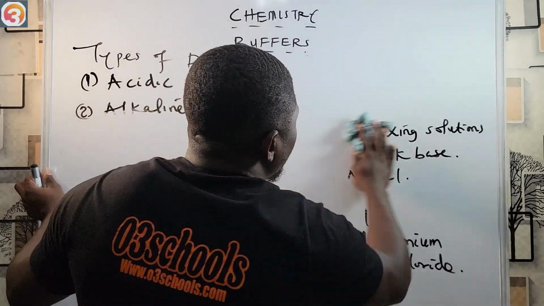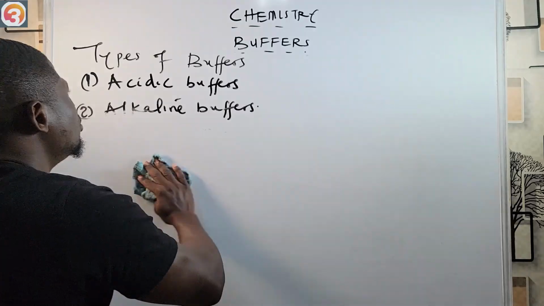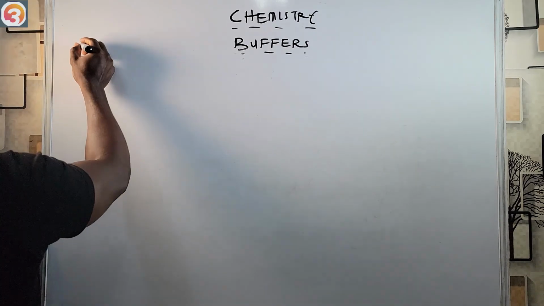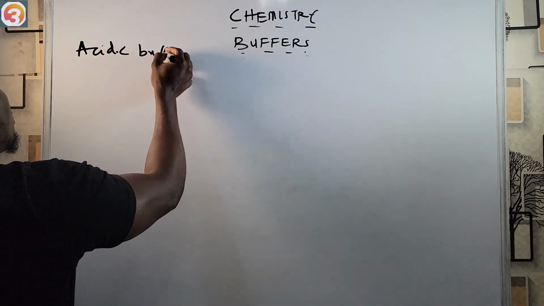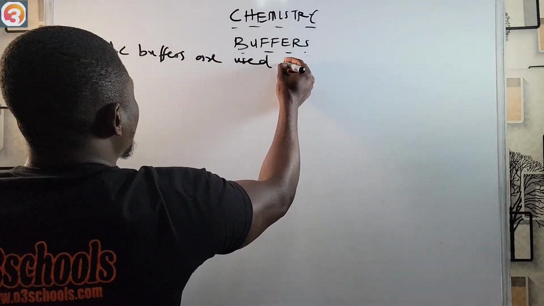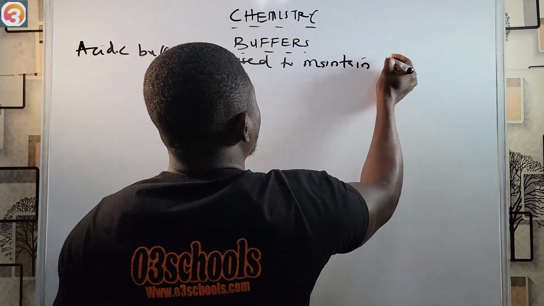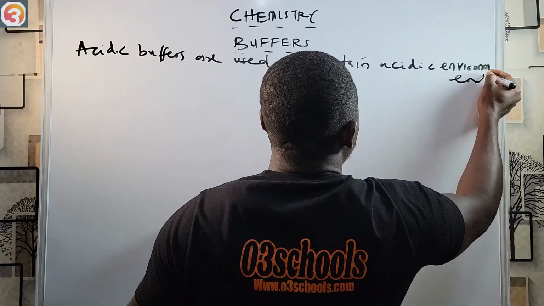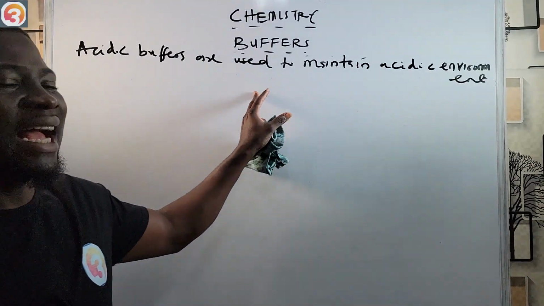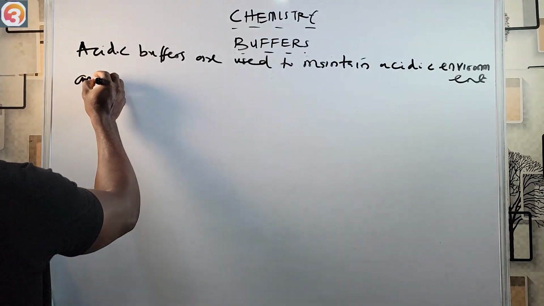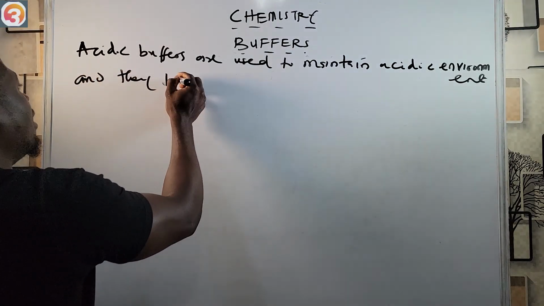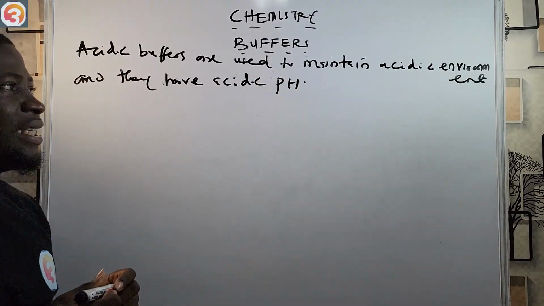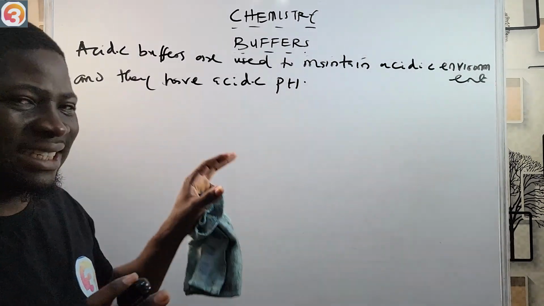Know this: acidic buffers are used to maintain an acidic environment, and they have acidic pH.